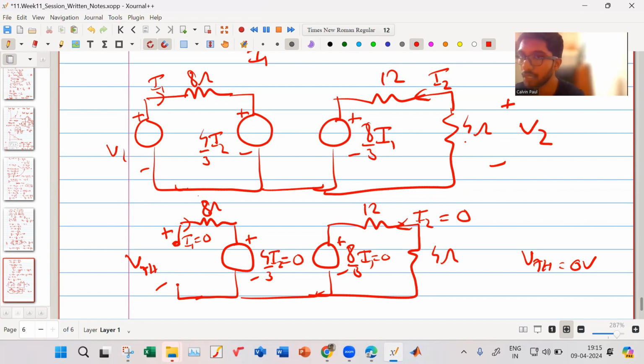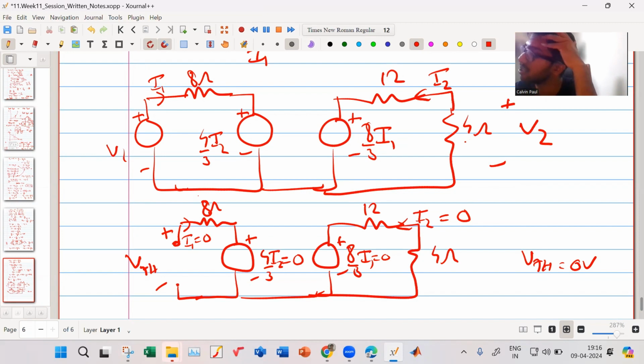Because the problem here is there is no independent voltage source available with you. The only independent voltage source which was there, you have eliminated it. Then you cannot get any voltage over there, right? So that's why in this case you cannot apply Thevenin's theorem.